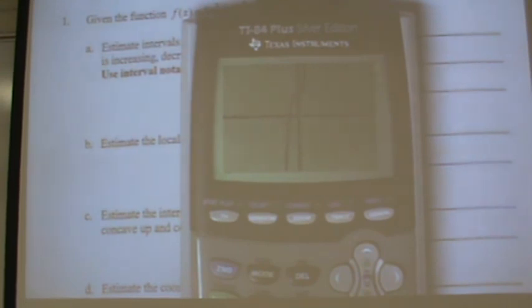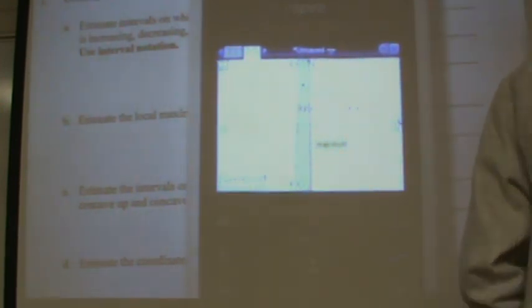You just use menu, analyze graph, maximum. On your graph, you're going to hit menu, analyze graph, and then maximum. So you're going to have to find the maximum. And for this one, what is the maximum? 6.8 something. Yep.